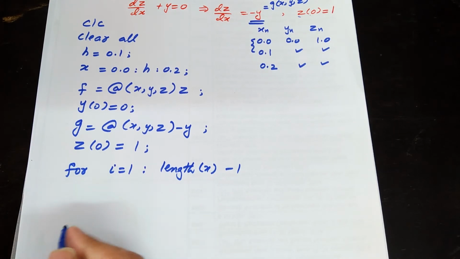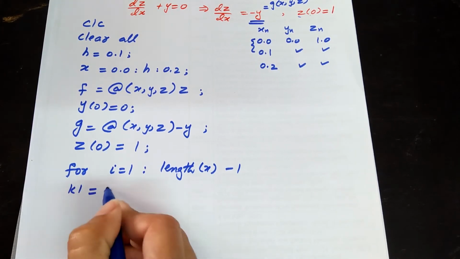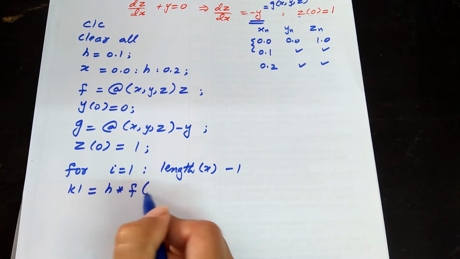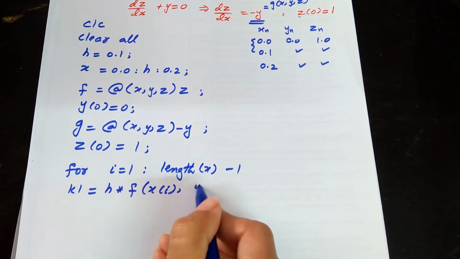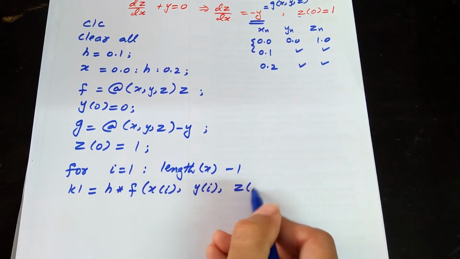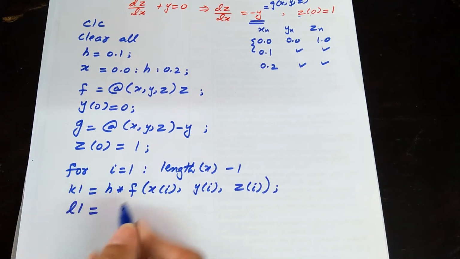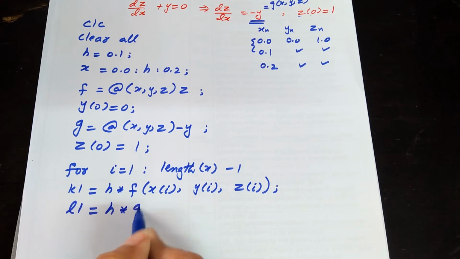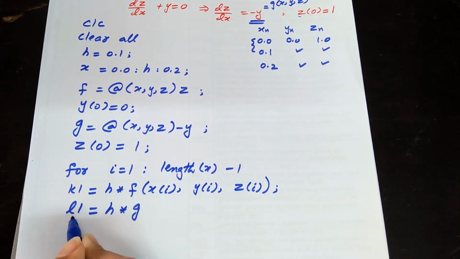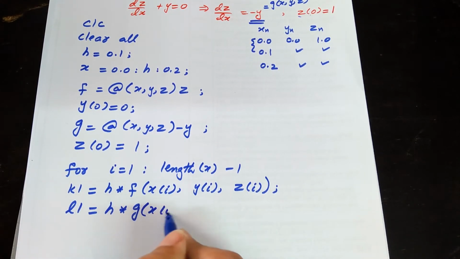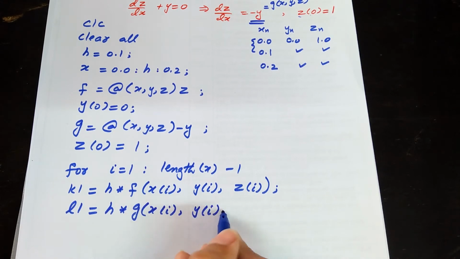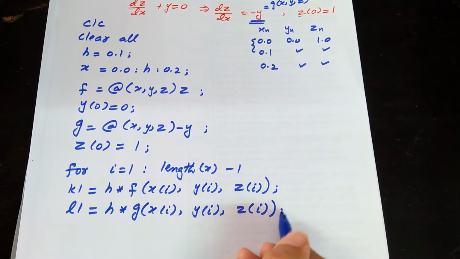So it will be like K1 equal h star f of x of i, y of i, z of i. Then L1 equal h star g function, g of x of i, y of i, z of i.